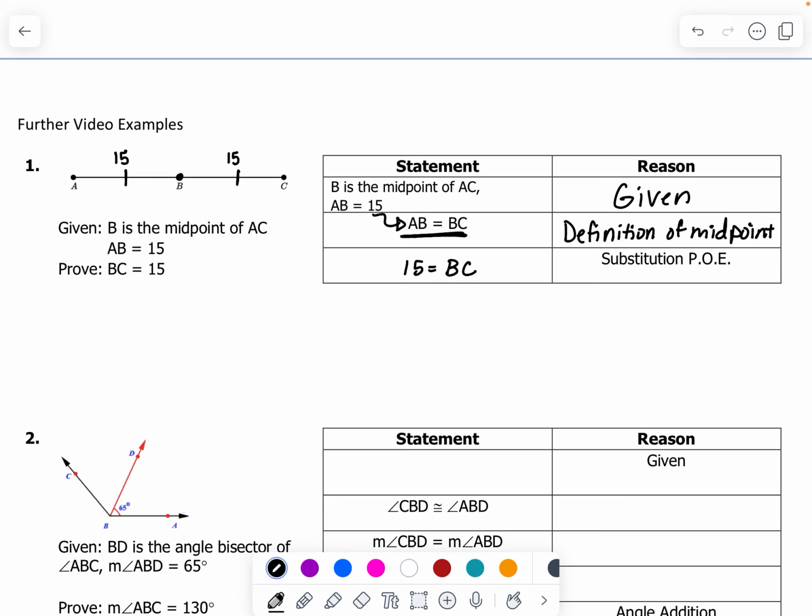That's mighty close, but it's not quite exactly perfect. So actually, our proof is not done. We're going to give ourselves one more line, and we are going to flip these and make it BC equals 15, which is our symmetric property of equality. There we go.